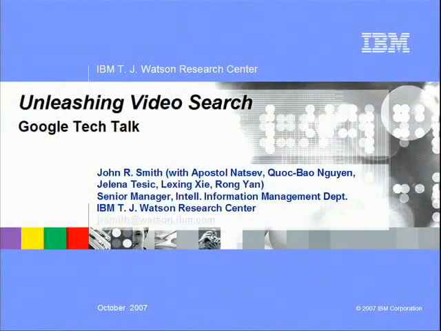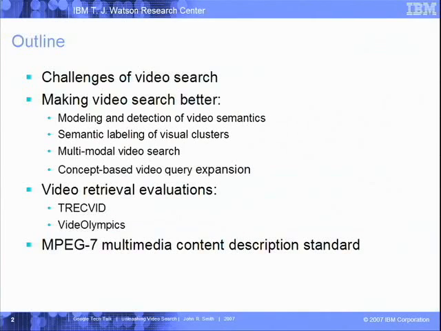So today I want to talk about some of the work that we've been doing and that has been going on in the research community around video search. I'll talk about some of the challenges with video search right now. There are many ways in which video search can be improved, and some of the key ideas have to do with getting a better understanding of the contents of video, modeling the semantics, and so on.